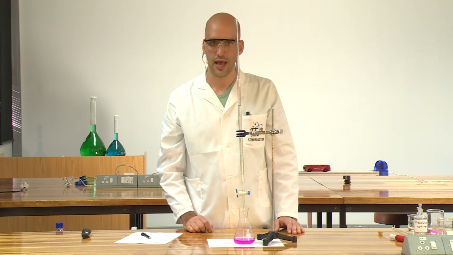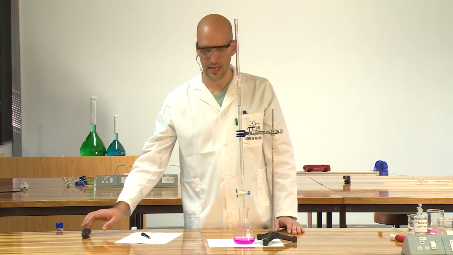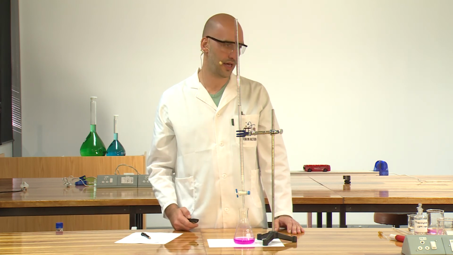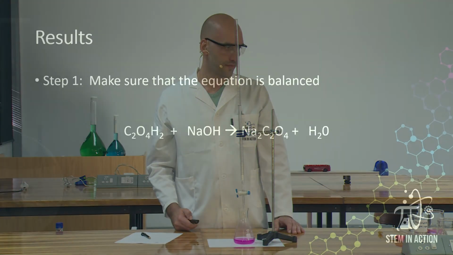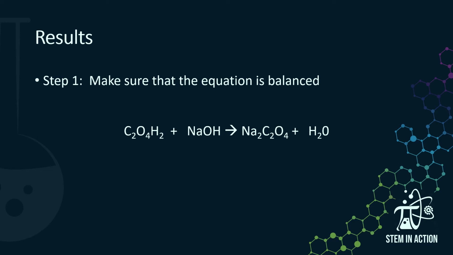Okay, and ladies and gents, let's see how we can do the calculation. The first thing we need to do is take our equation and balance it. Let's start with the sodiums.